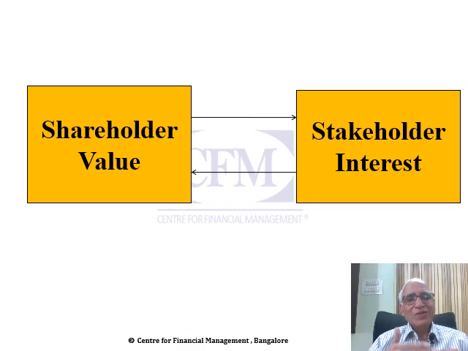Likewise, no company can sustain and maintain relationship with stakeholders unless it creates value for shareholders. If a company does not earn a rate of return which is commensurate with the cost of capital, sooner or later it will go out of business. In the process, it will hurt the interest of other stakeholders.